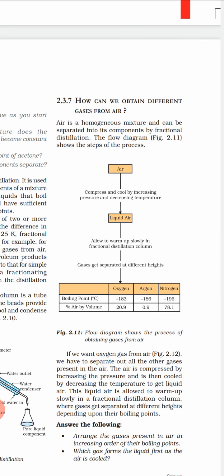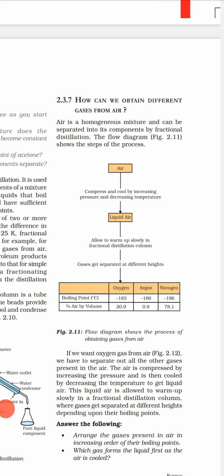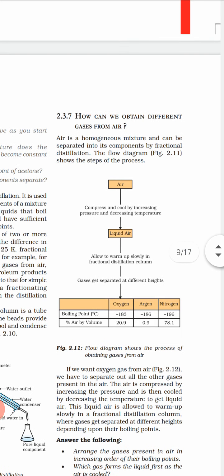So that means in air the maximum amount of gas present is nitrogen, then oxygen, then argon, and then the other gases. Now see, focus on their boiling points. Nitrogen is minus 196, argon is minus 186, oxygen is minus 183.